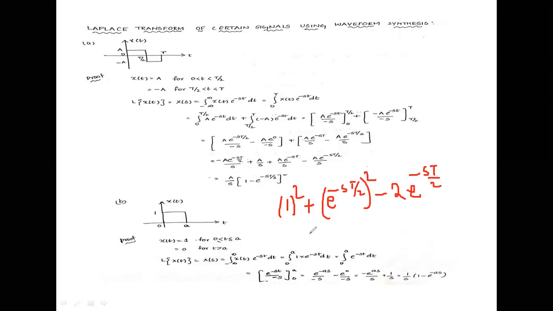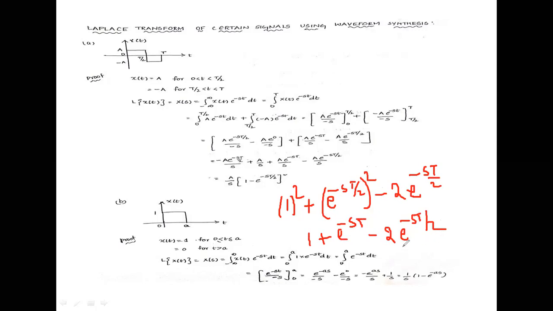You can see, e power minus st, we can expand the function: 1 whole square plus e power minus st by 2 whole square minus 2 into e power minus st by 2. This is after expanding the a minus b whole square formula. 1 plus e power minus st by 2 whole square means the 2 gets cancelled. It becomes e power minus st minus 2 into e power minus st by 2.